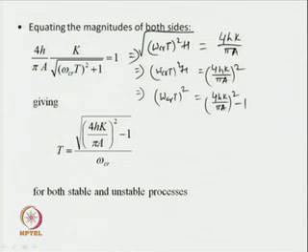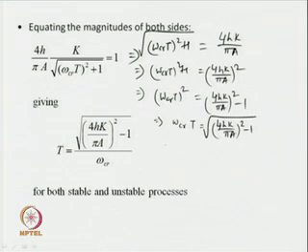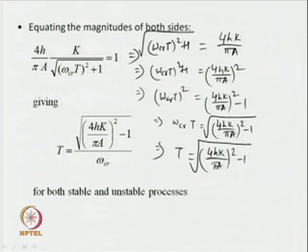Then taking the square root of that will give us ω_cr T = √((4hk/(πa))² - 1). So, finally, we get the expression T = √((4hk/(πa))² - 1)/ω_cr.